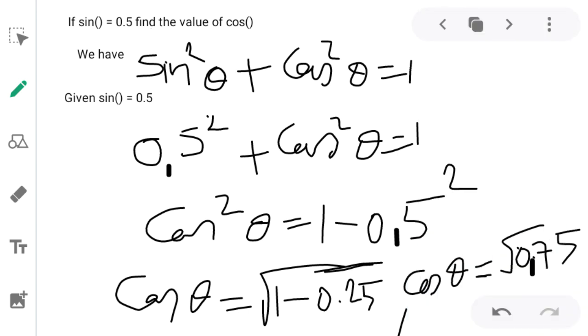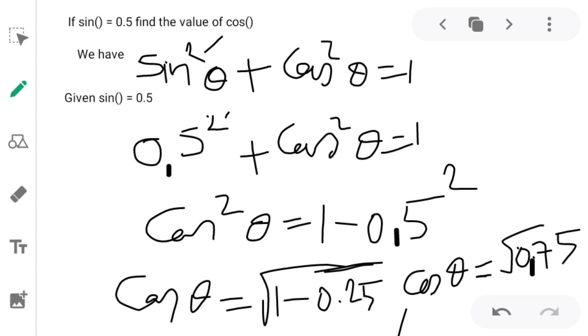We have the basic equation of trigonometry, a very important one: sin square theta plus cos square theta equals 1. The given is sin theta equals 0.5. So in the place of sin theta, take 0.5 and square it, as sin square theta is there. So 0.5 square plus cos square theta equals 1.